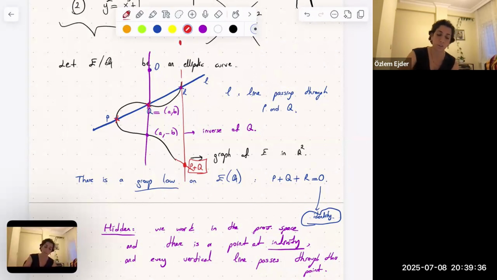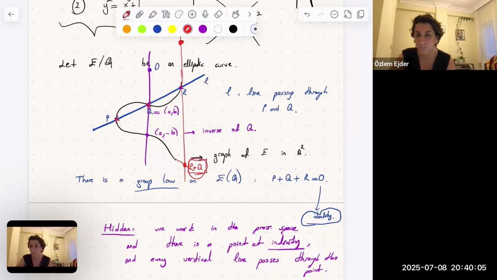And then the inverse: on any vertical line, you have the identity, then this point R, and then the other one, where you take the symmetry of the y coordinate with respect to the x-axis. When you add these 3 points up you get 0, but this is already 0, so this is your identity element. That means R and this point are inverses of each other. Okay, thank you.